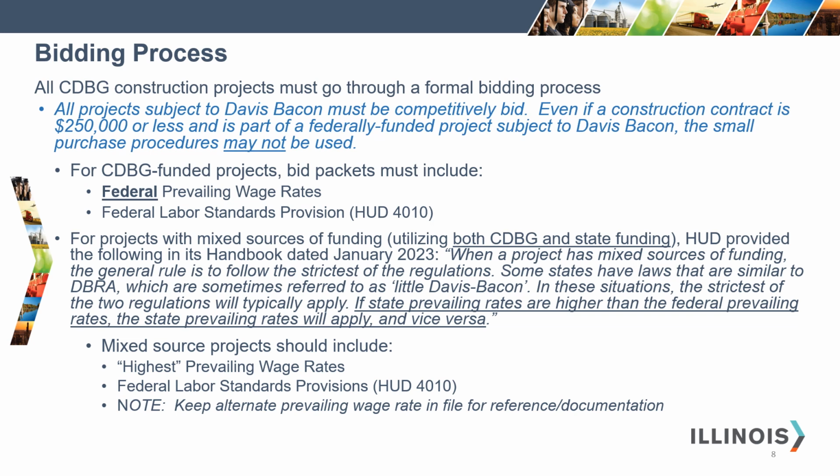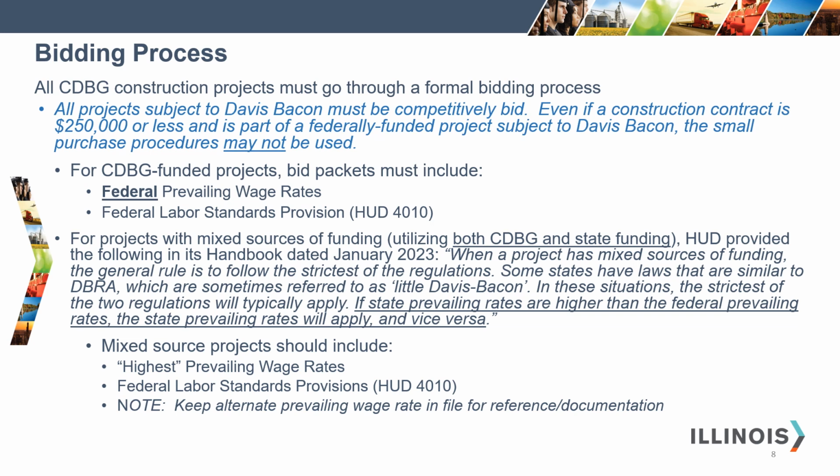For projects with mixed sources of funding, utilizing both CDBG and State of Illinois funding, HUD provided the following in its handbook dated January 2023. When a project has mixed sources of funding, the general rule is to follow the strictest of the regulations. Some states have laws that are similar to Davis-Bacon and related acts, which are sometimes referred to as Little Davis-Bacon. In these situations, the strictest of the two regulations will typically apply.